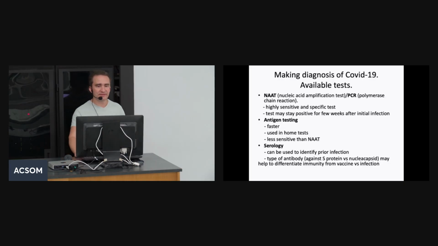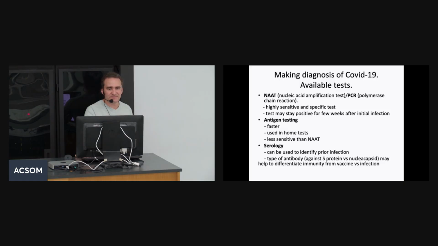So these are the main tests we use to diagnose coronavirus. Each has its own pros and cons. There is not a best test or a worst test. So PCR is a nucleic acid amplification test.